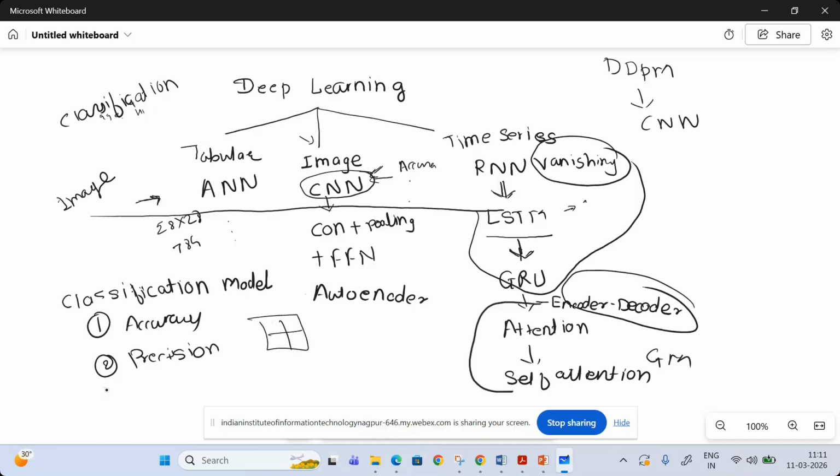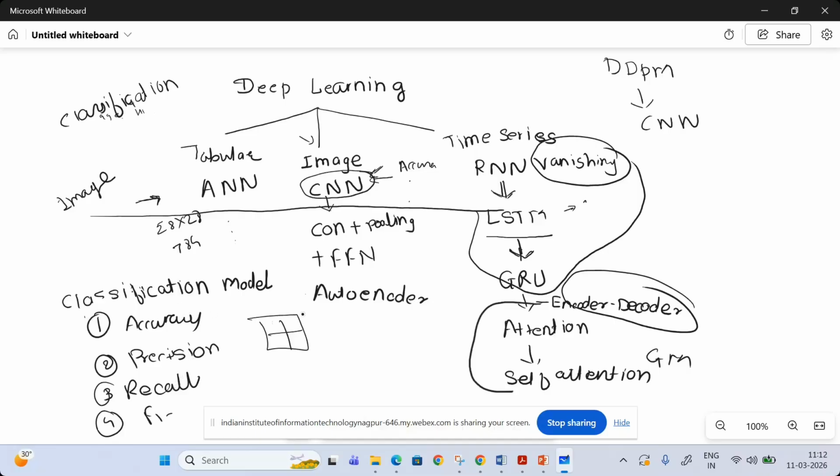Then next you have precision, recall, and you may also have F1 score, AUC, ROC curve. These are the basic performance metrics used for classification models.